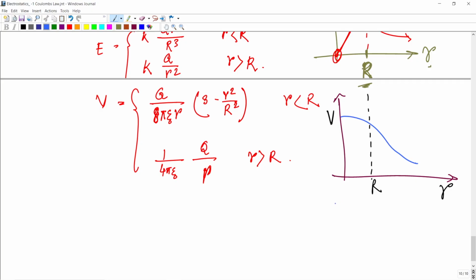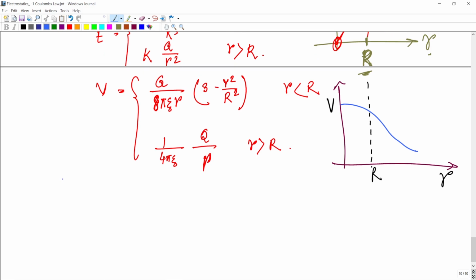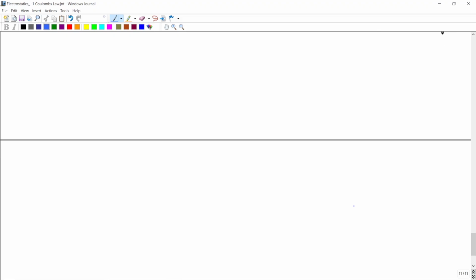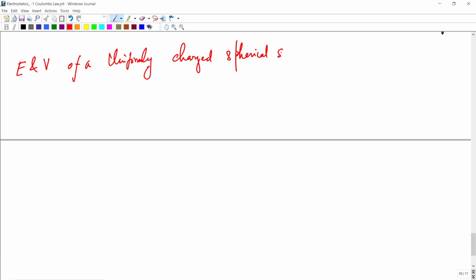Now another concept: the electric field and potential of a uniformly charged spherical shell.